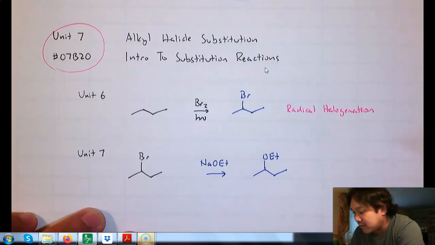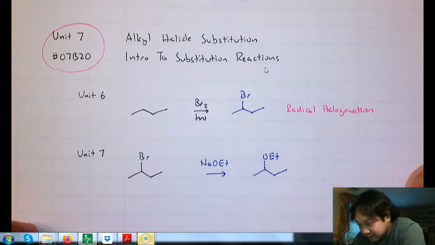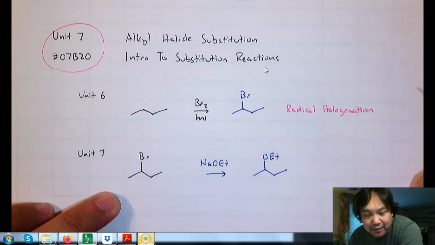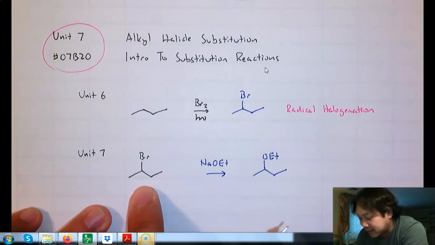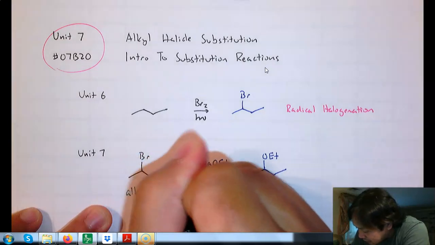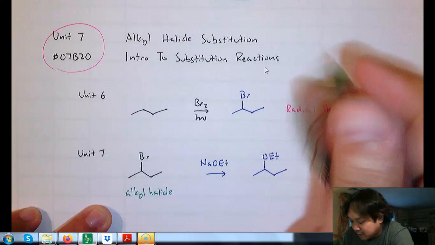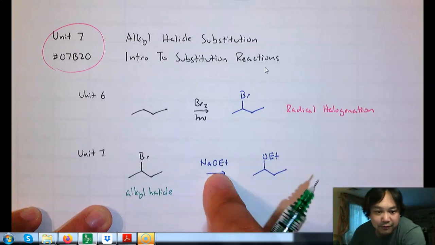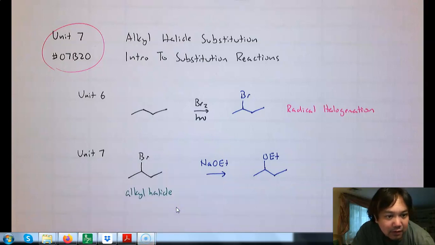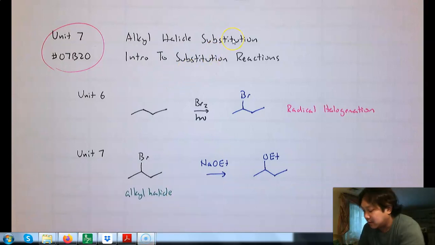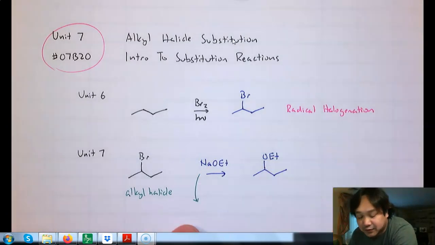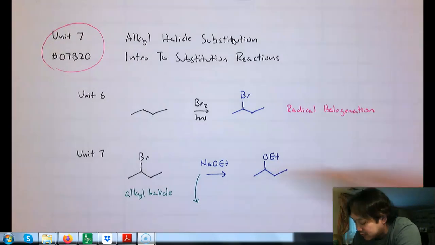Now, the thing about this chapter is that you need to be able to interpret the type of molecules you have, and we know this as an alkyl halide. But the reagent also is super important for us to recognize. This NaOEt you have to visualize as a salt that gets separated in solution.